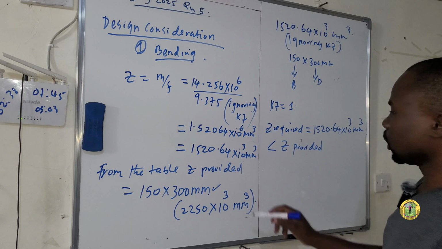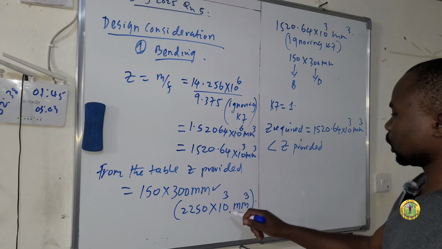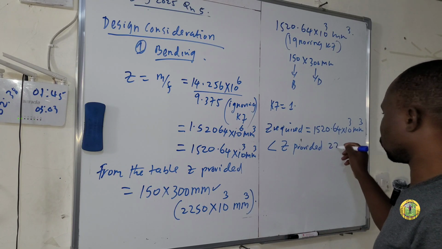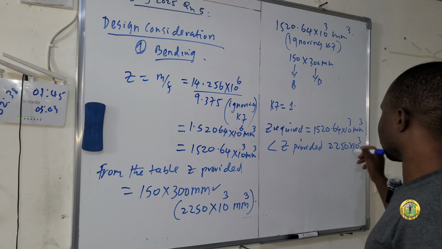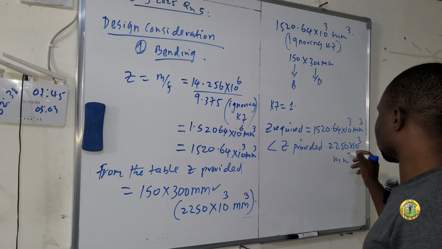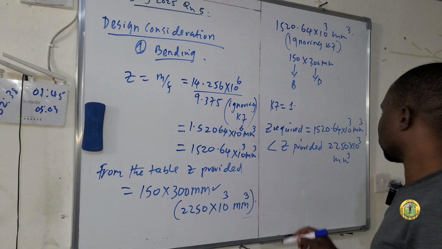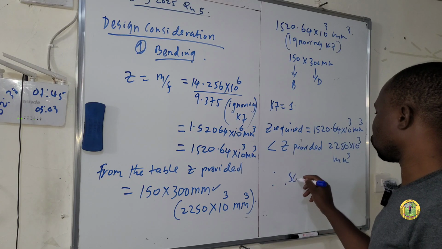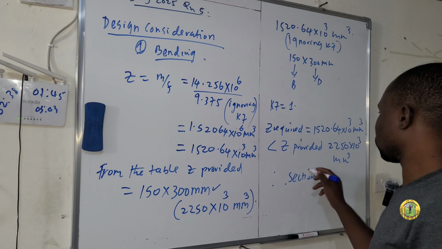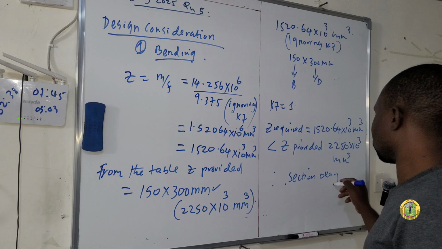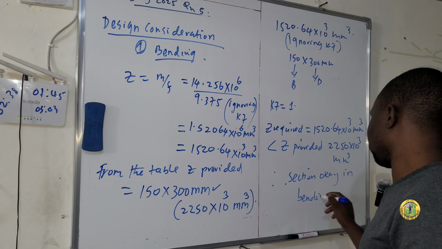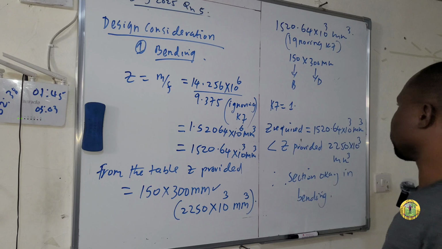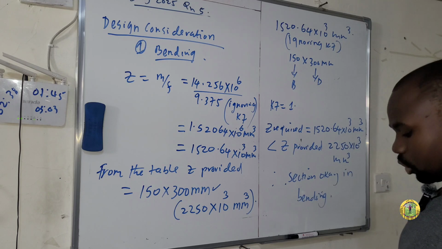And Z provided is this Z from the table, which is 2250 times 10 to the power of 3 millimeter cubic. Therefore, section OK in bending. And then from there, we check for other design considerations.